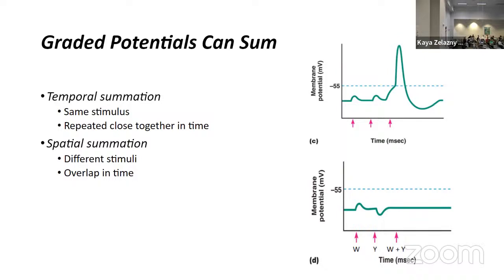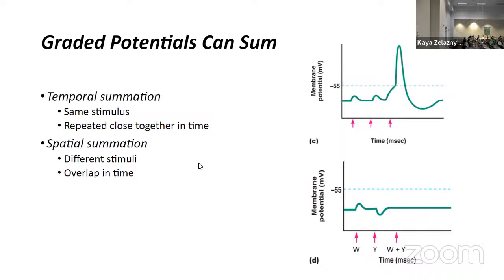We're not going to get into the details of how it happens, but our graded potentials would involve a sodium channel, a potassium channel, potentially some other channels that we won't talk about, opening to slightly change our membrane potential.